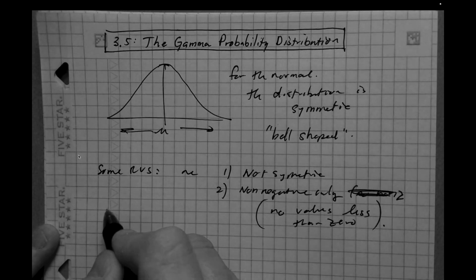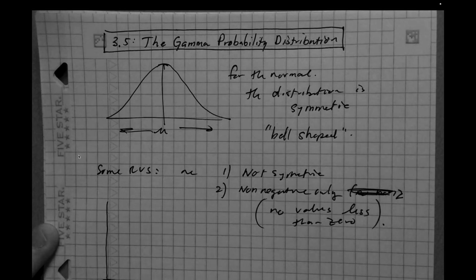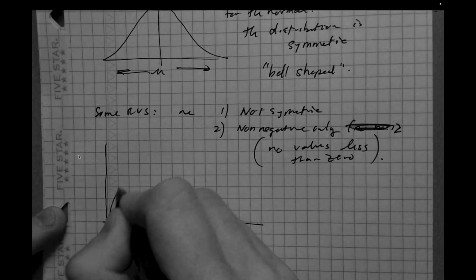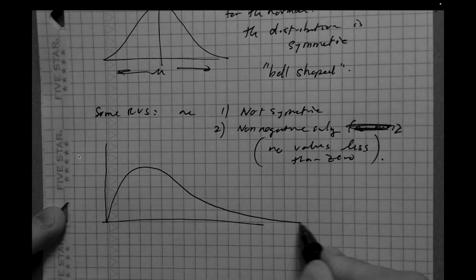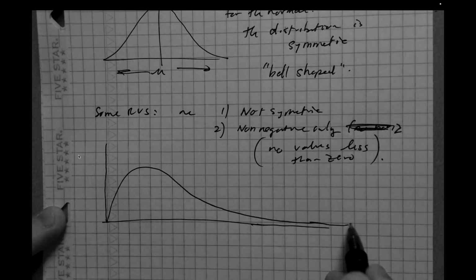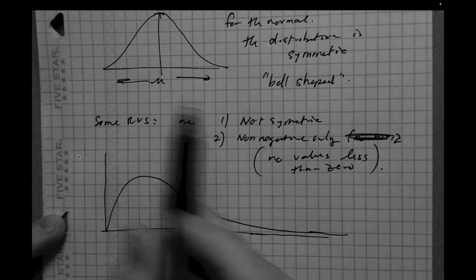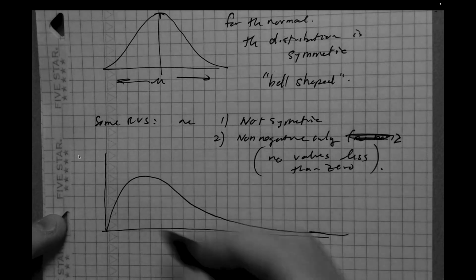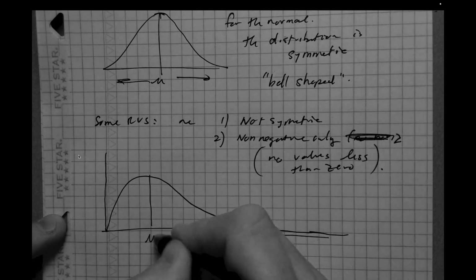And what do we mean by that? Well, a typical distribution like I'm describing might look like this. This certainly is kind of mounded like a normal distribution, but in this case we might say the mean is way over here.